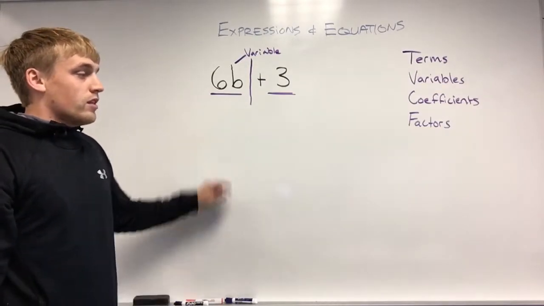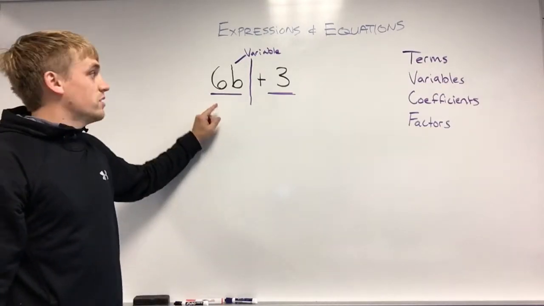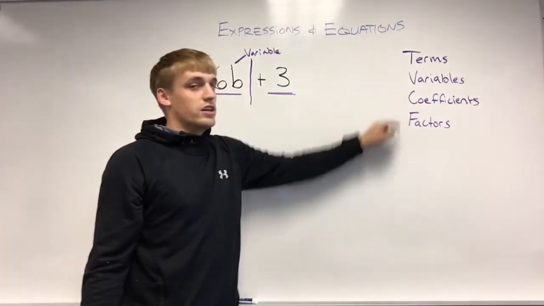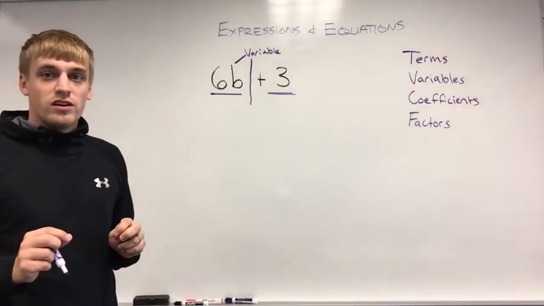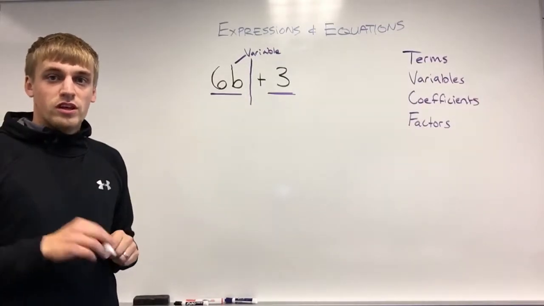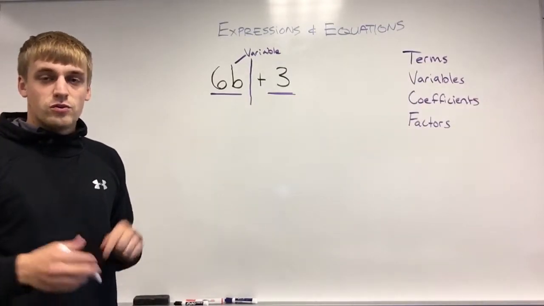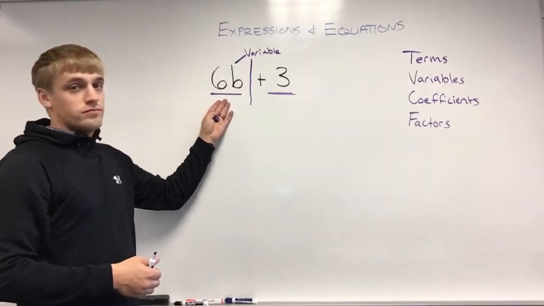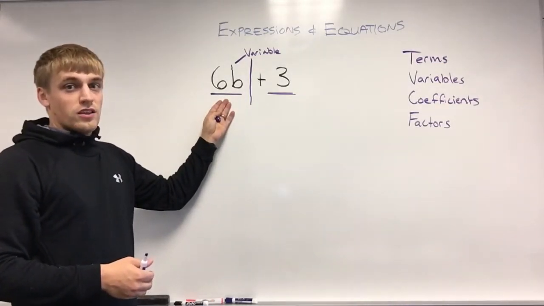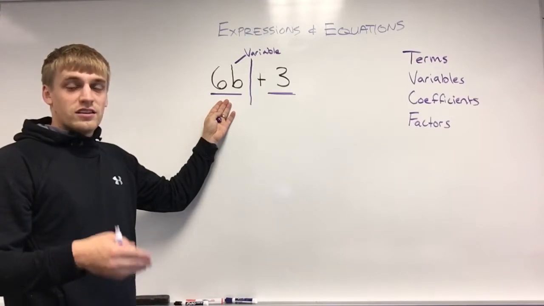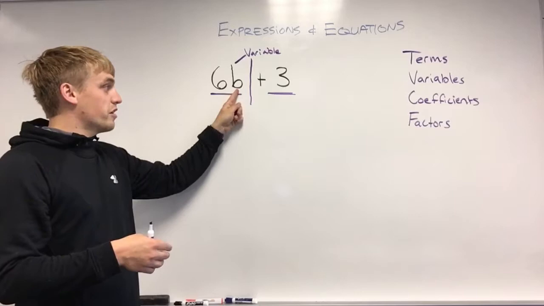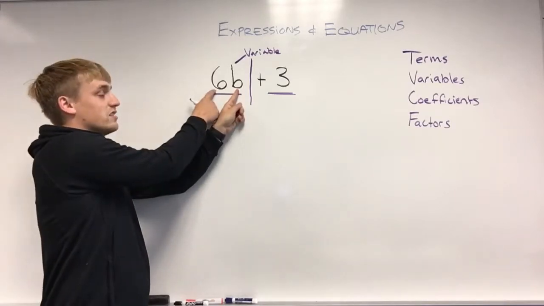Okay? The next thing is a coefficient. A coefficient is the constant number in front of a variable in a term. Okay, so what does that mean? Well, we find a term, this is a term, and the coefficient is the constant number in front of the variable. So this is our variable, and this is the constant number.